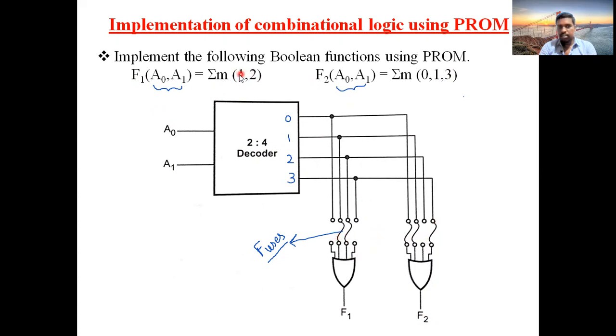Okay, for F1 only 1 comma 2 should be linked with the fuses, and for F2 only 0 comma 1 comma 3 should be linked to the OR gate with the help of fuses. Okay, this is the first model. That means when expressions are directly given in the problem. When the Boolean functions are directly mentioned in the problem, then this is the format you need to follow.